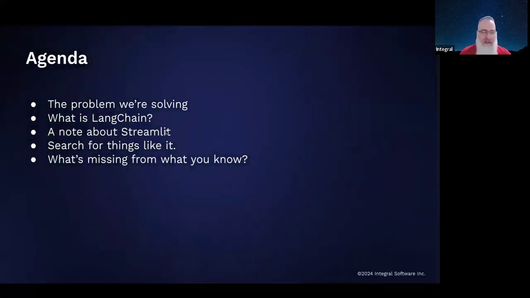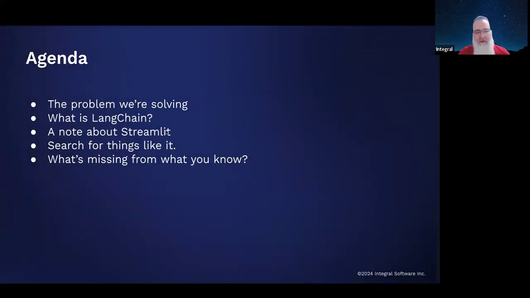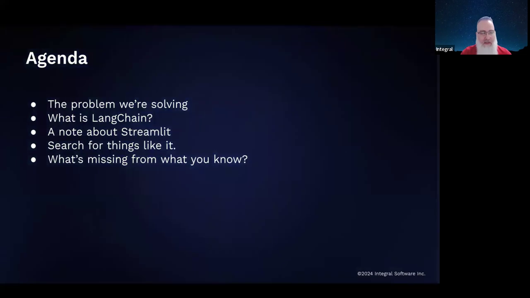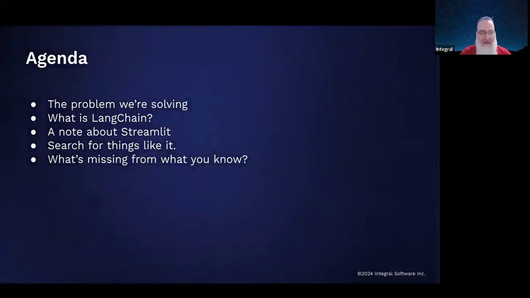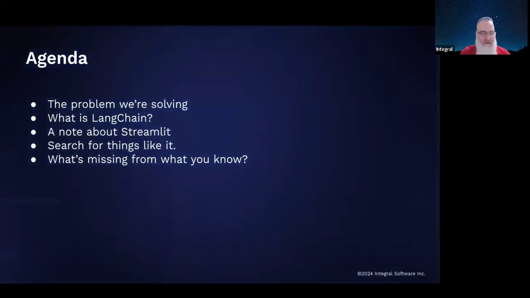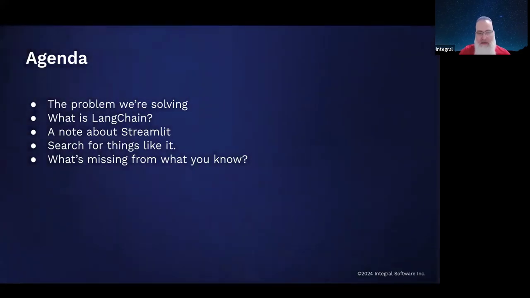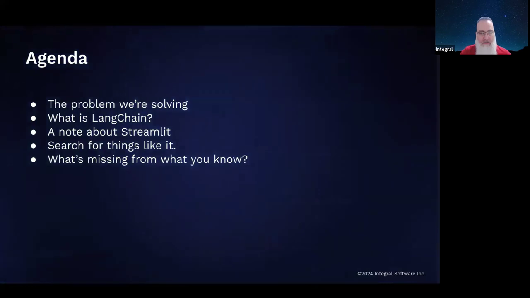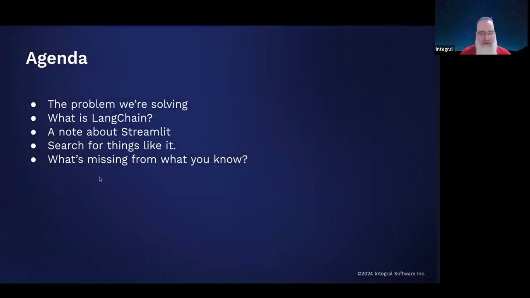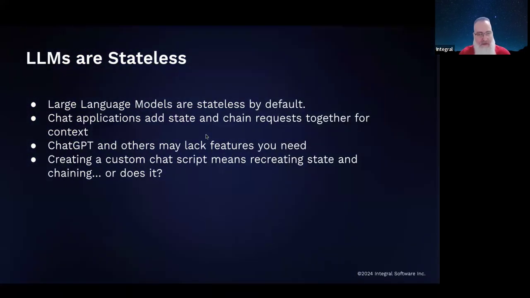A note about Streamlit, and that's only really in here because we're using Streamlit to simplify things. So I'm going to do a one slide, half slide intro on what Streamlit does to help us work faster through this class in general with proofs of concept. And then we'll search for some other things like it, and then what's missing from what you know.